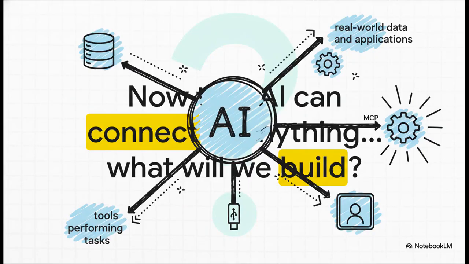So, a protocol like this doesn't just make today's AI a little better. It fundamentally changes what AI can be. It transforms it into a true co-pilot that's integrated into everything we do. Which really leaves us with just one big, exciting question. Now that AI can connect to anything, what are we going to build with it?